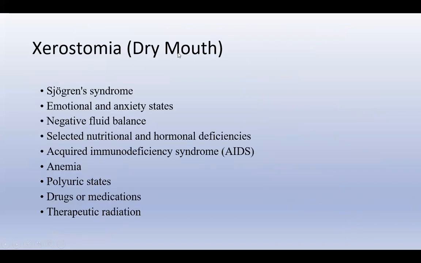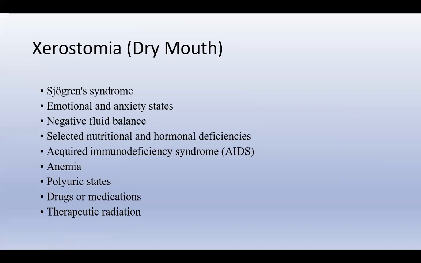So more about dry mouth or xerostomia. We want to be aware of patients who have Sjogren's syndrome. They're going to be, of course, at higher risk. Those who suffer from behavioral health issues or emotional or anxiety states, various mental health issues.